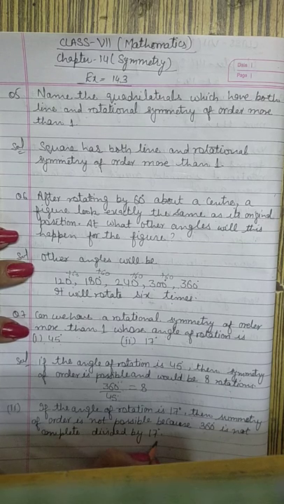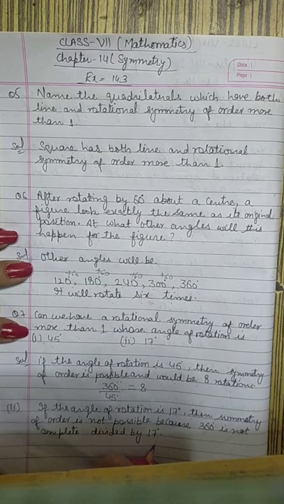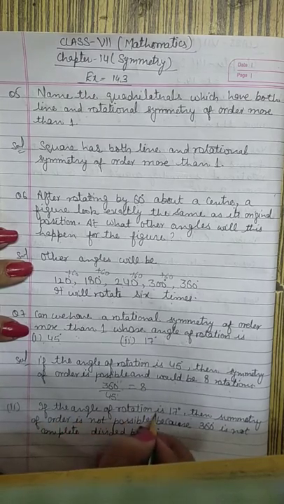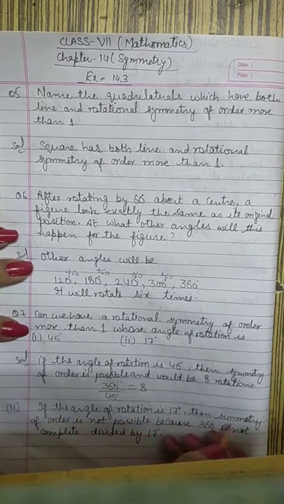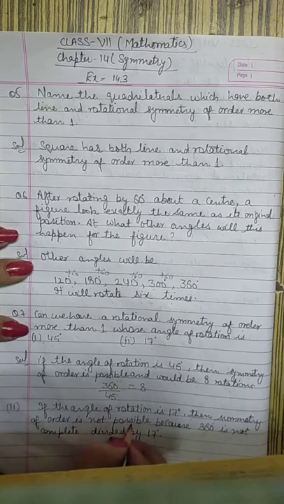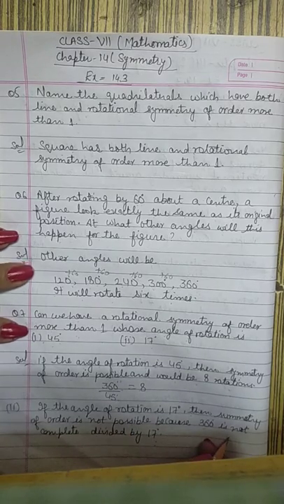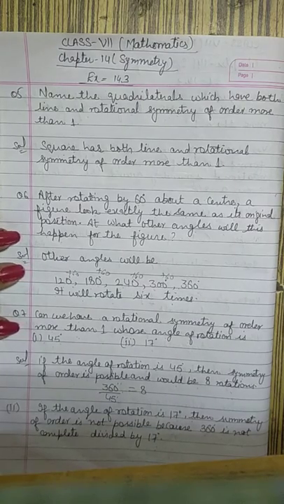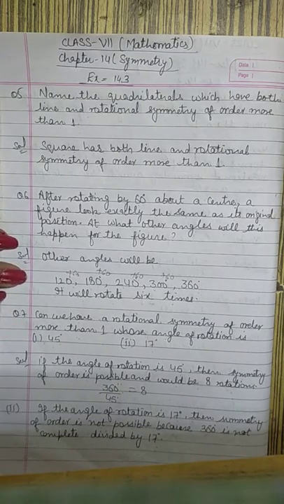So it is not having symmetry of order more than 1. It is not possible here. So see how to write: if the angle of rotation is 17 degrees, then the symmetry of order is not possible because 360 is not completely divisible by 17. In this way you can simplify these sums.